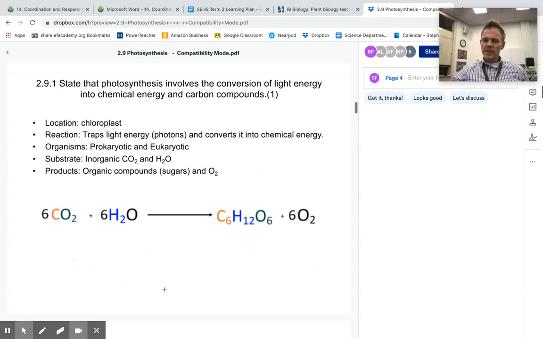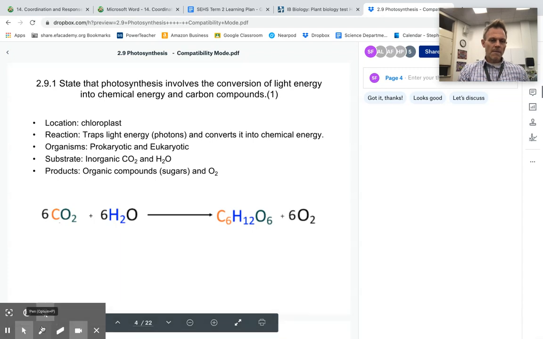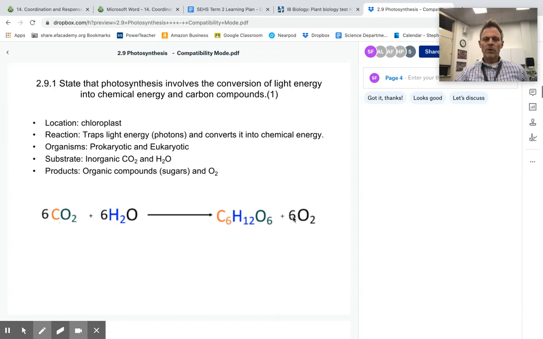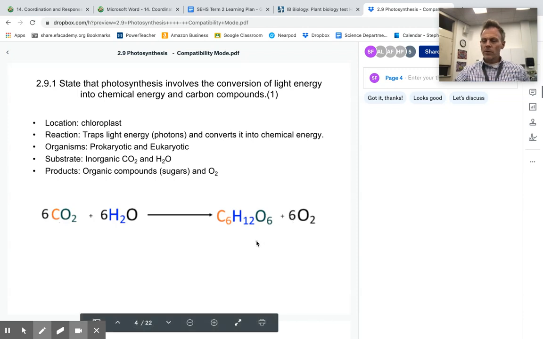So 2.91 says, state that photosynthesis involves a conversion of light energy into chemical energy and carbon compounds. As I quickly drew before, the light energy is going to act on this water. That light energy is going to cut that water, break that water, and from that, we get our chemical energy.